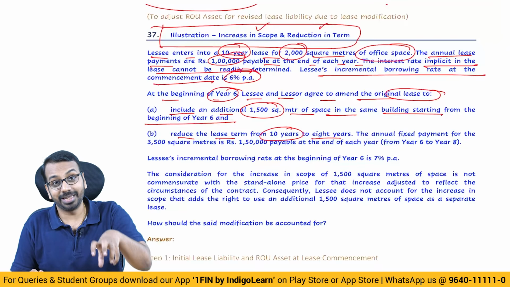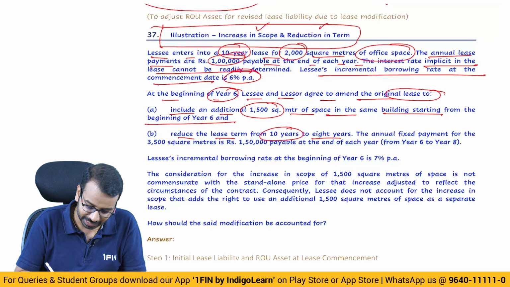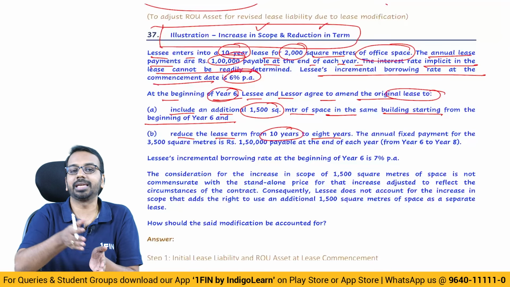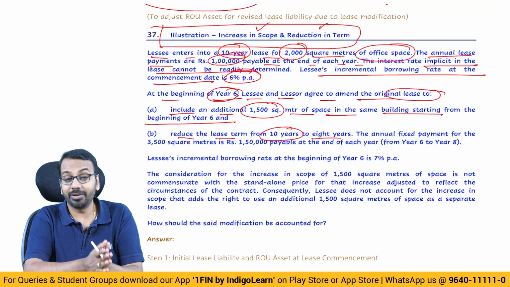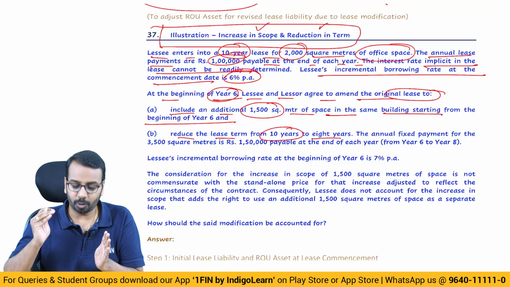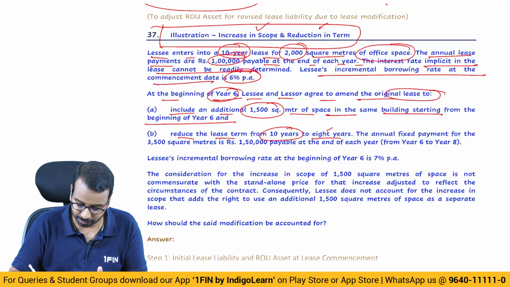So, 10 years now is going down to become 8 years. At the end of how many years? At the end of 5 years, because beginning year 6. We have completed 5 years, we will bring down the term to 8 years, means balance term is equal to 3 years only.